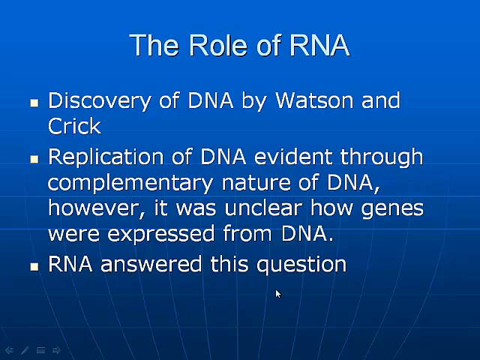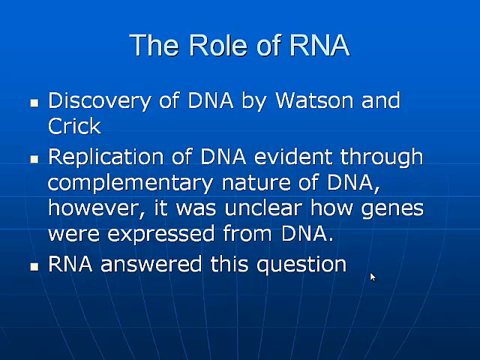The role of RNA. DNA was discovered by Watson and Crick back in the 50s. And right away, they were able to see how the replication of DNA was evident through the complementary nature of DNA. Now, what this means is there are 4 bases in DNA, and they are complementary to one another.